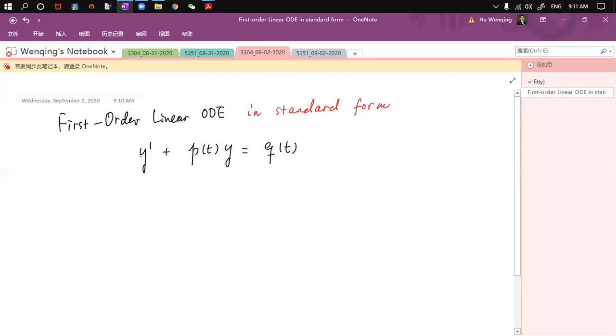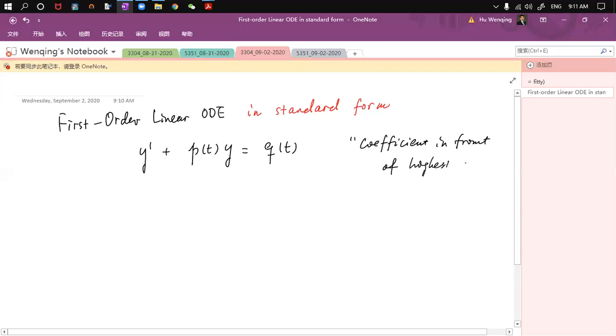The coefficient in front of the highest derivative is 1. So that's why we call it a standard form.